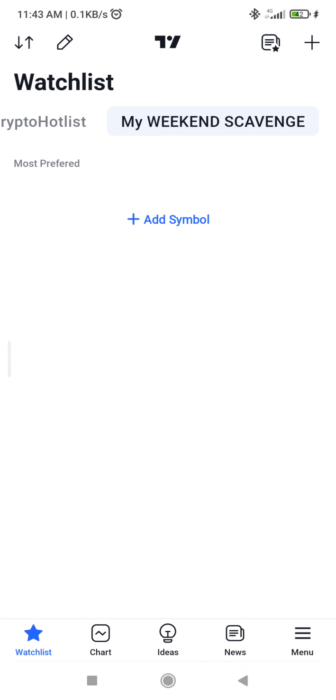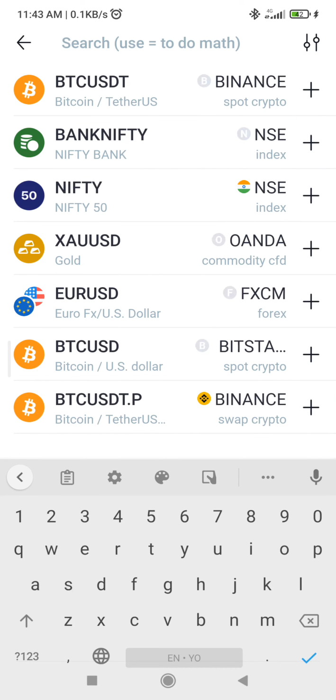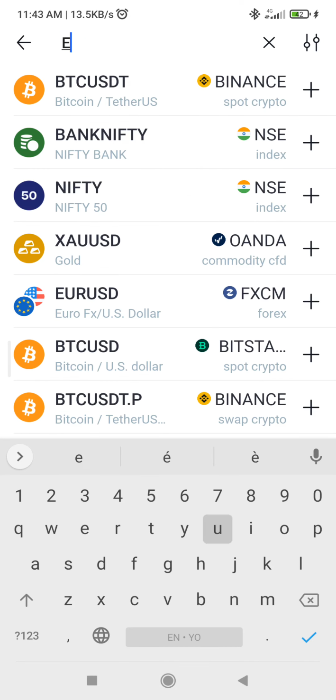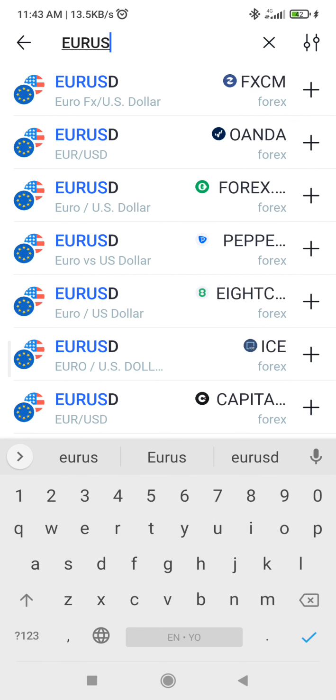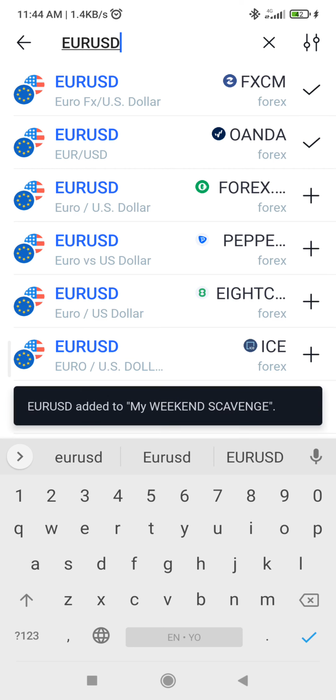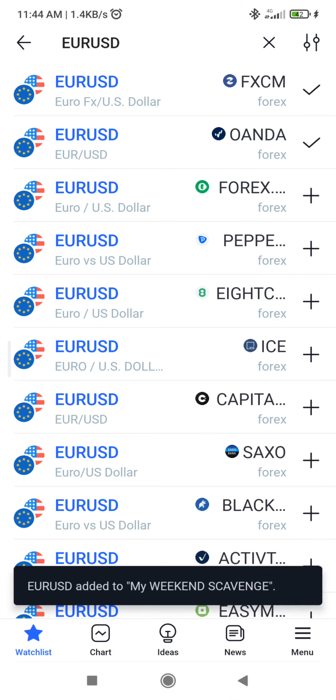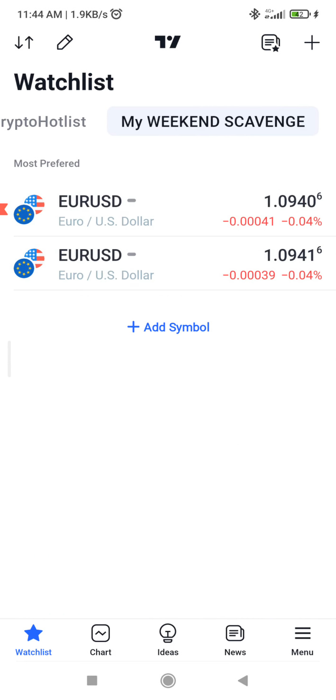Okay, so now I'm going to add two symbols. Okay, Euro USD, two symbols of Euro USD, from FXCM and from OANDA. Now I have two Euro USD charts here. One is from FXCM, the other is from OANDA. Both of them are still okay, right?